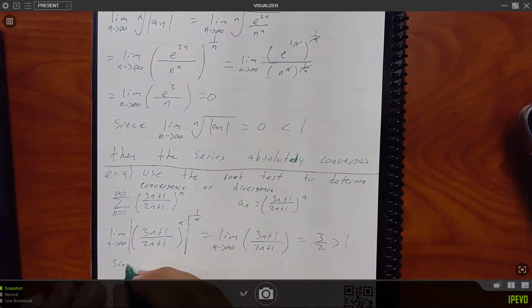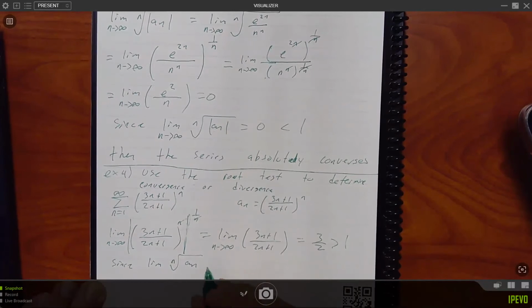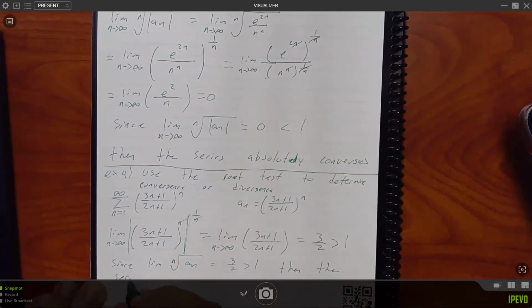So since the limit of the nth root of a_n is equal to 3/2, which is greater than 1, then the series diverges.